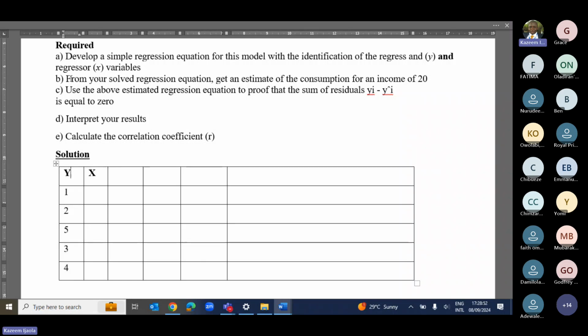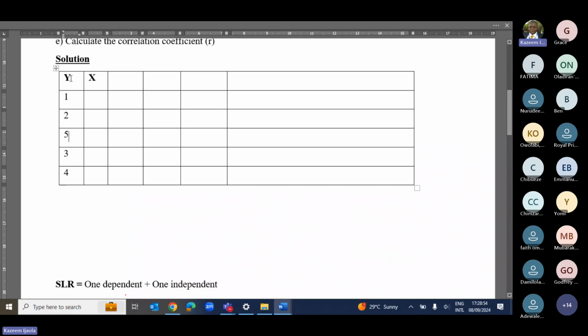Right? This is our y. Then what's our x? 2 3 10 7 8. So this is our x.